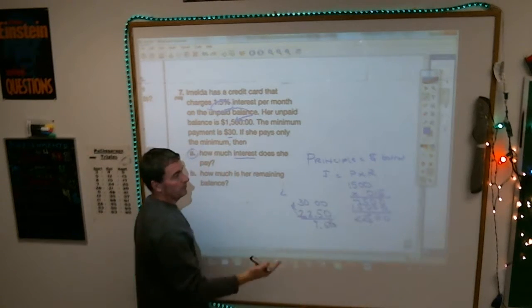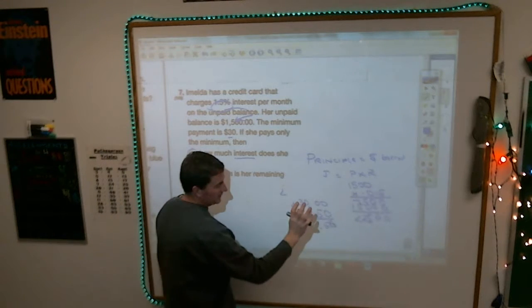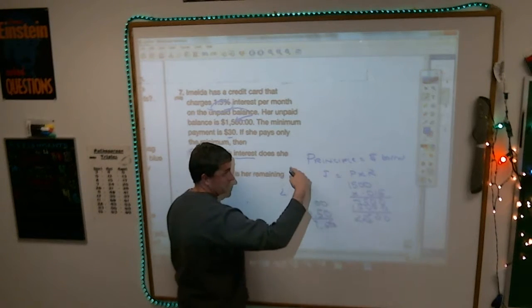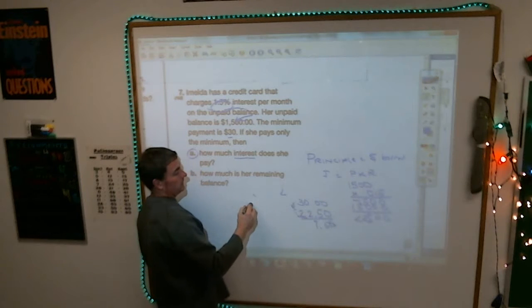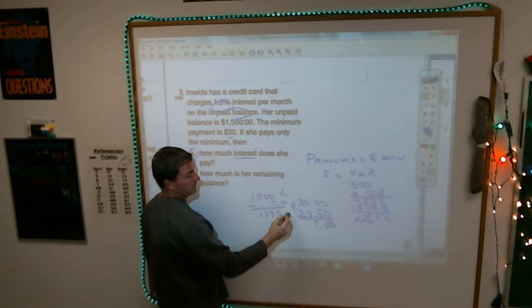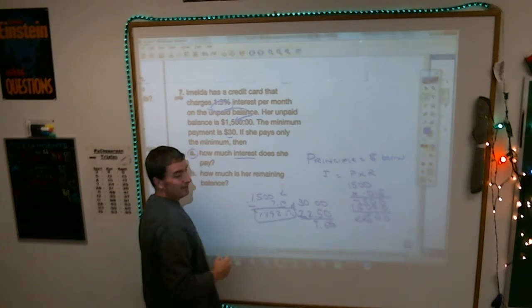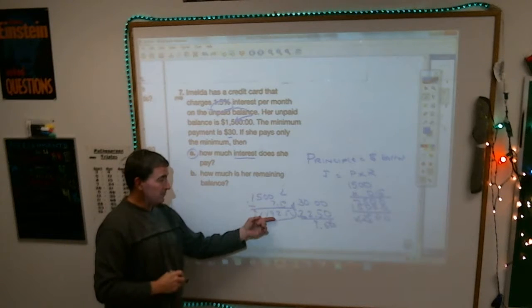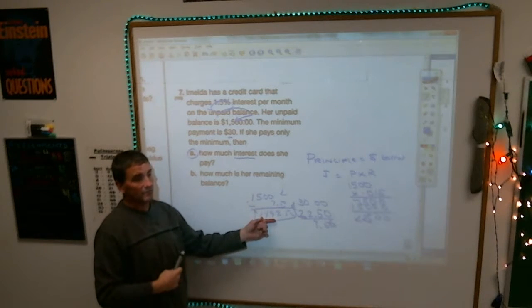You owe them $1,500. You paid them $22.50 in interest, which doesn't count towards that. Then you take the $1,500 and subtract your $7.50 from it, which is $1,492.50. That's what you still have left to pay, and that's how much you're going to pay interest on for the next month.